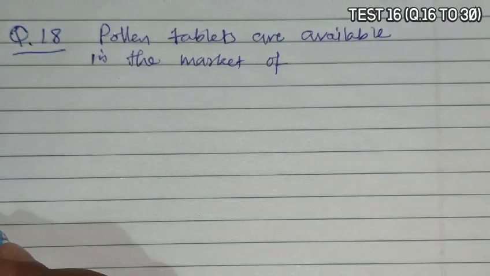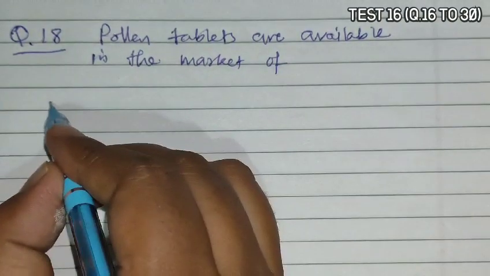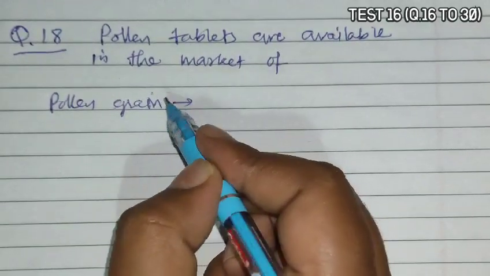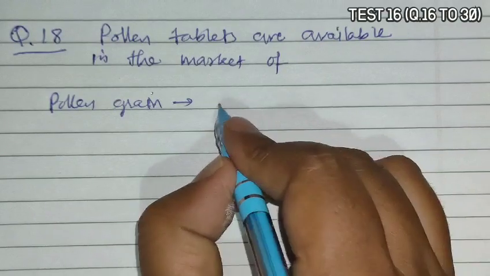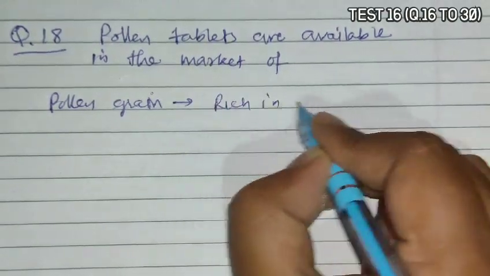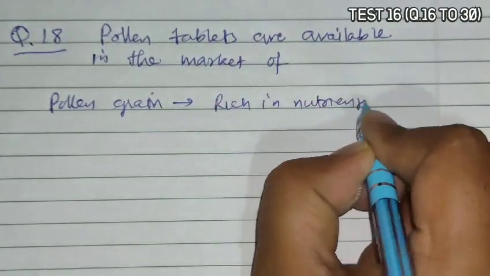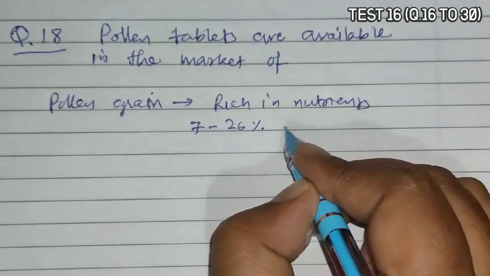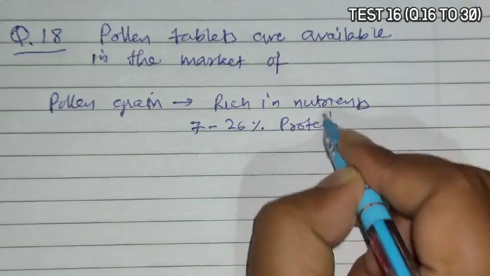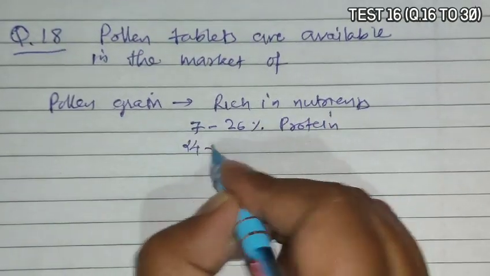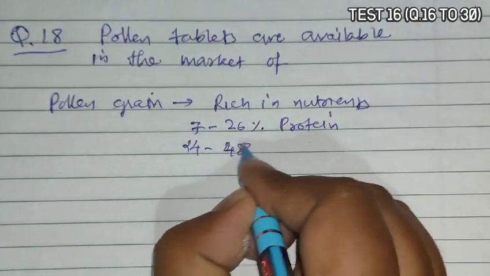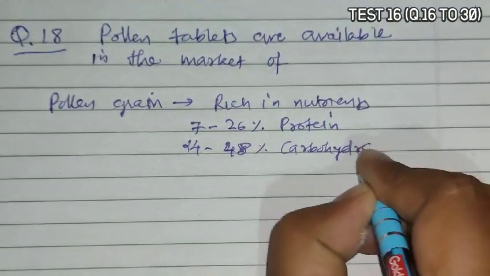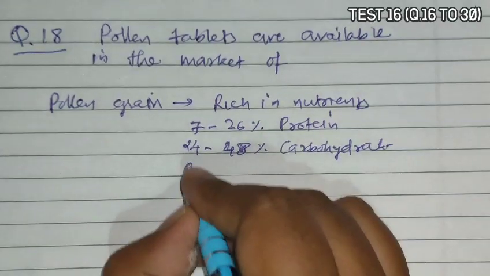Now we remember that pollen grains are believed to be rich in nutrients, where they can have 7 to 26% of protein, 24 to 48% of carbohydrate, and 0.9 to 14.5% fat.